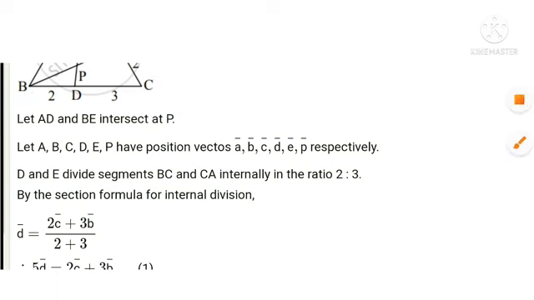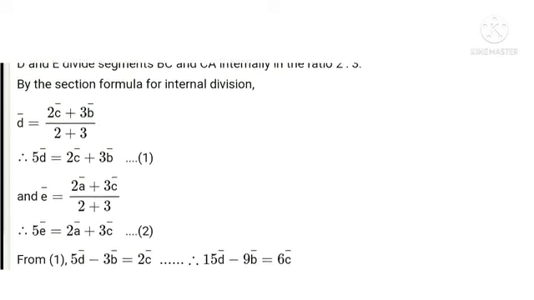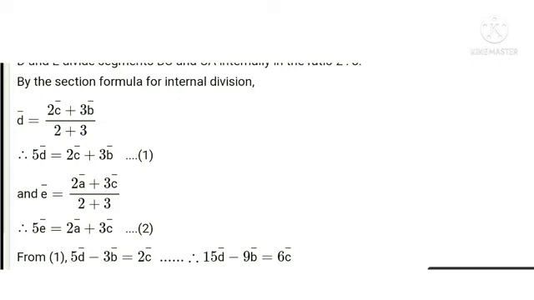Now simplify this. 2 plus 3 is 5, so 5 D bar is equal to 2C bar plus 3B bar.